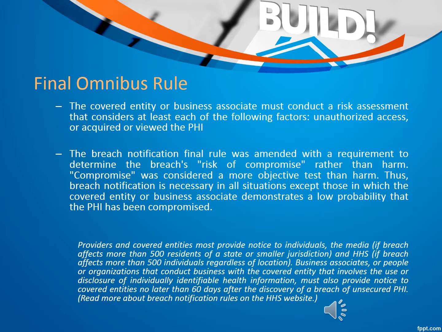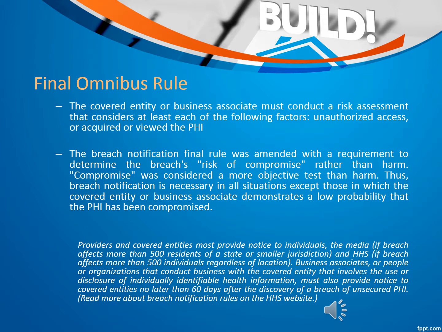The breach notification rule also specifies in which cases the notice has to be provided. The providers and covered entities must provide notice to individuals, and to the media if the breach affects more than 500 residents of a state or a smaller jurisdiction, and to HHS if the breach affects more than 500 individuals regardless of location.